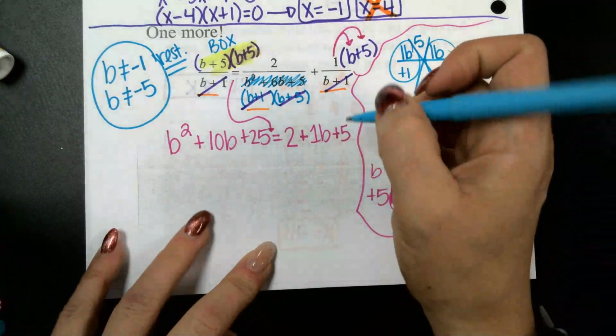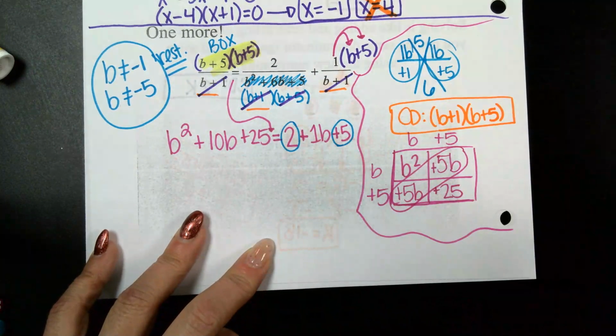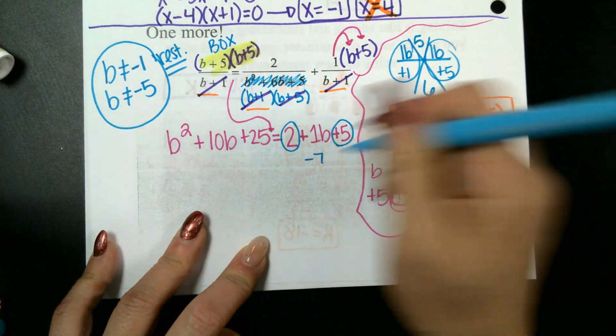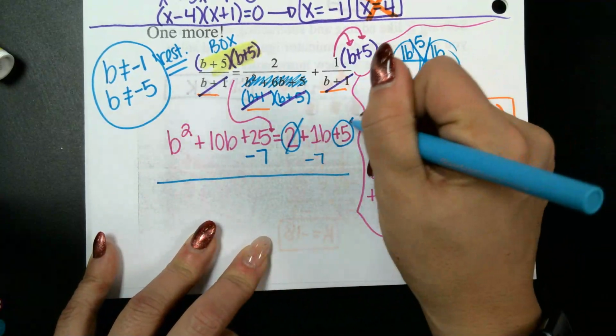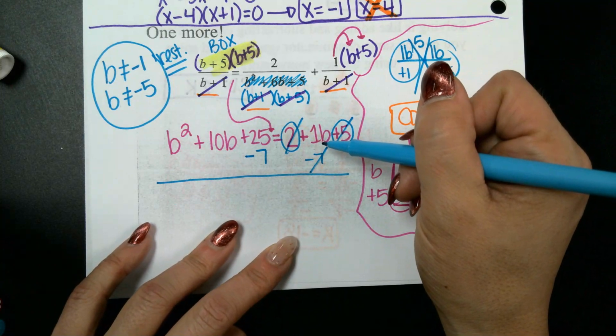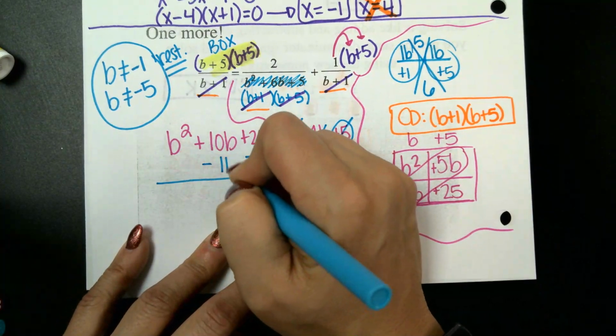So, I don't know how you guys want to do this. If you were to put these two together, wouldn't that be a total of 7? And then if we brought it over, wouldn't we just be subtracting 7? Okay, so that's going to cancel out those. And then wouldn't we also have to subtract a 1b? Because that'll cancel out those.